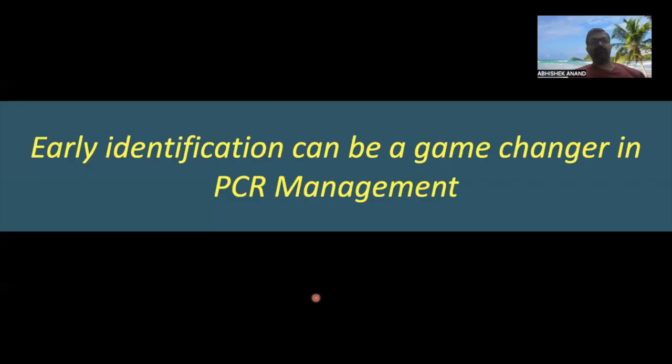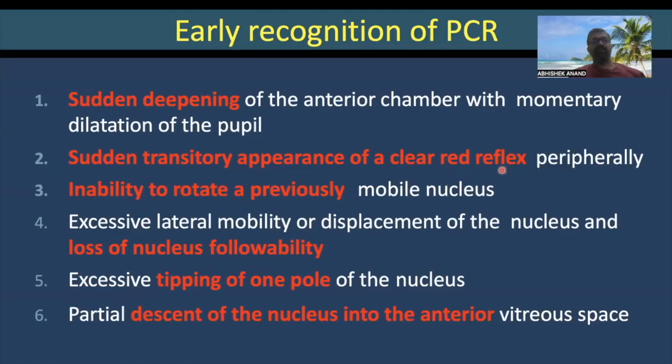And what is the first step in good management of a PCR? That you identify it early. Early identification can be a game changer in PCR management. And how do we identify it early?